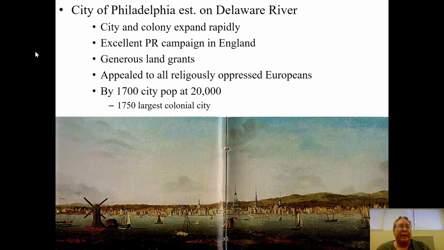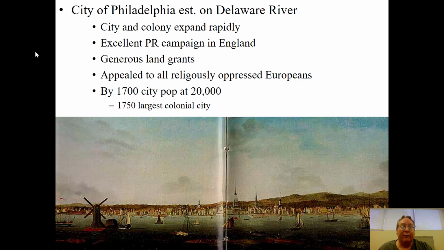And pretty soon, because of the free land he's offering, because of the religious toleration and political opportunities his colony offers, it becomes a thriving colony. By 1700, it is one of the largest colonies physically in size, but also in population. Only Massachusetts and Virginia are bigger than Pennsylvania by the early 1700s.